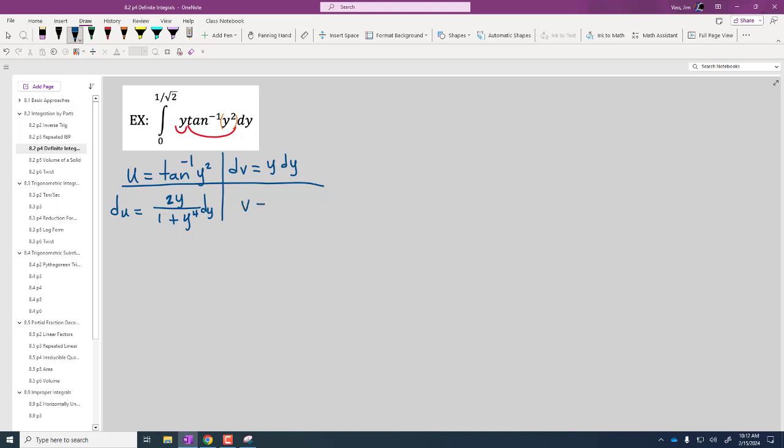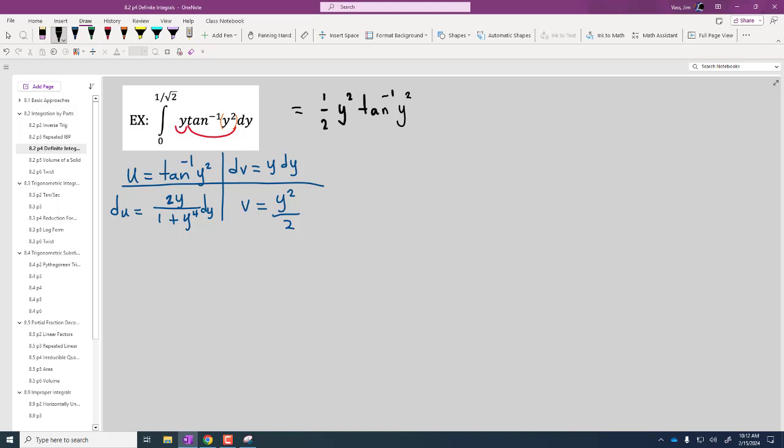So we're going to have that v is equal to y squared over 2. And our ultraviolet voodoo, so uv is the main diagonal. So we have 1/2 y squared, multiplied by inverse tangent of y squared.